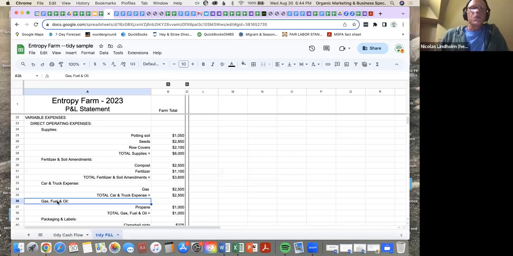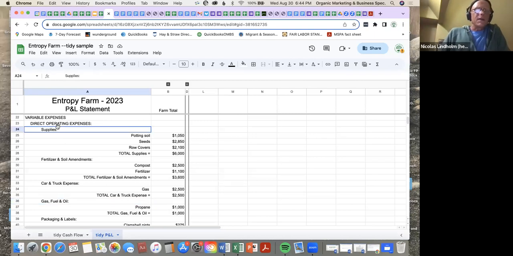I like to point this out: the chart of accounts should not be set up just like your Schedule F is. That's a mistake I made 25 years ago, advised by an accountant who didn't really know much about farm accounting. And I lived with my profit and loss statement for a long time, just organized into my Schedule F categories.